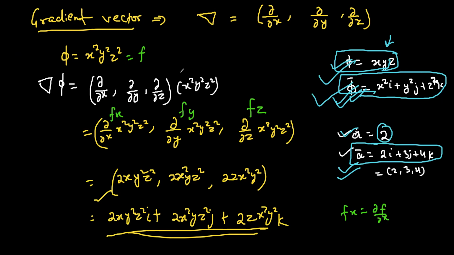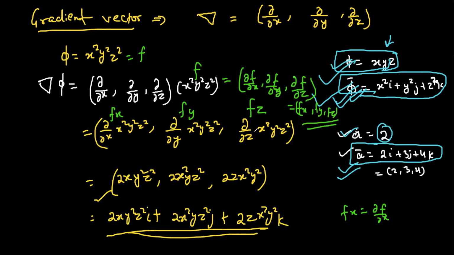When you open the bracket, you are getting del f by del x, del f by del y and del f by del z. In short form, you can write fx, comma, fy, comma, fz. And you got this.